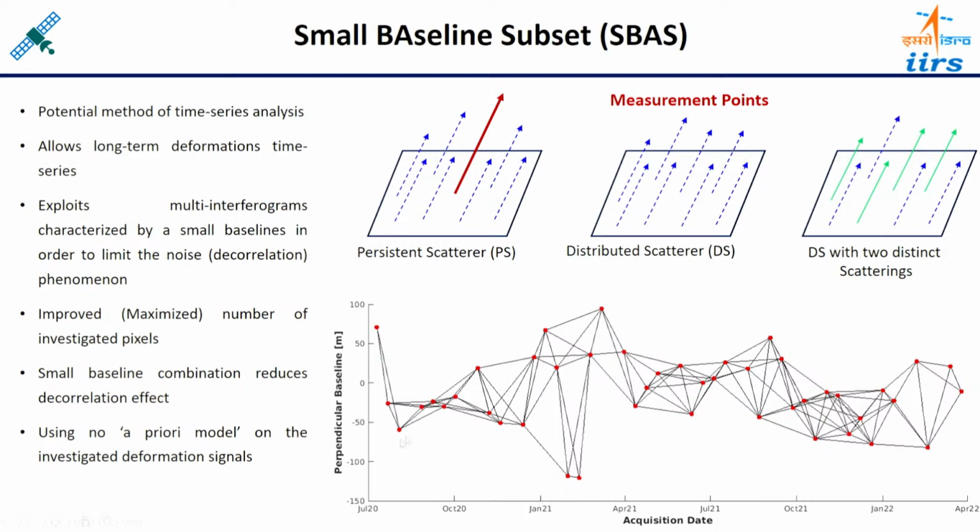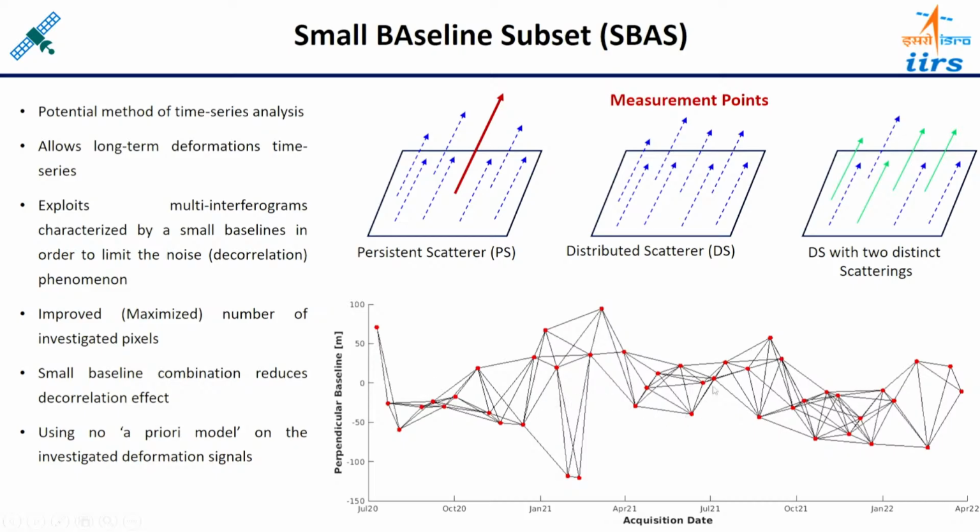So here you can see all the pairs of the interferograms are governed by small baselines, both temporal as well as perpendicular. Here this side is the time, and this side is the perpendicular baseline.